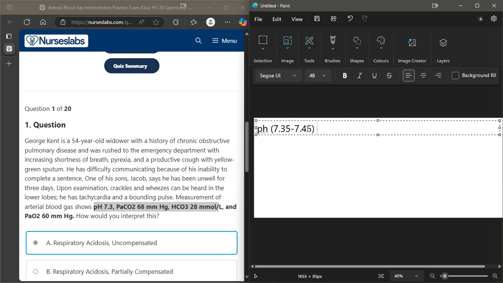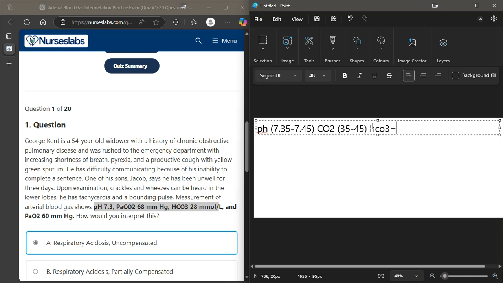Then carbon dioxide, it's the opposite. So just say 35 to 45. And this time, anything greater than 45 is acidic, anything less than 35 is basic. Because when carbon dioxide is high, it can react with water and lead to the formation of carbonic acid, which is an acid, of course.